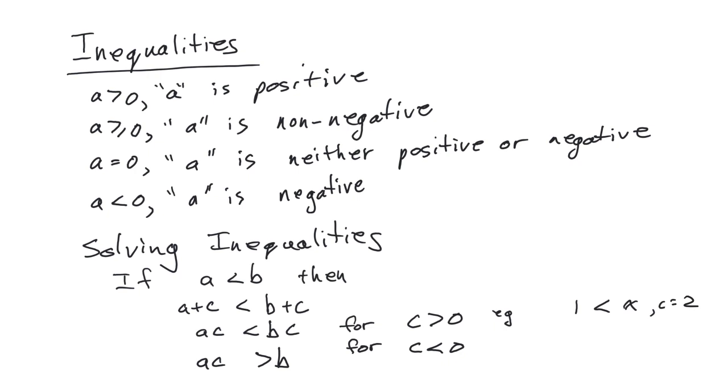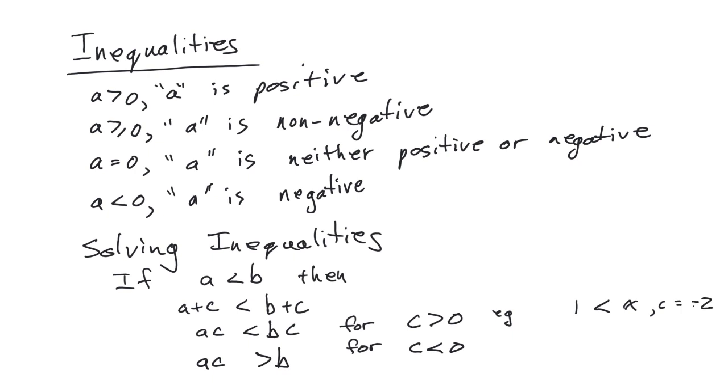That means that 2 is less than 2x. We don't flip the inequality. But if I had something like this, suppose 1 was less than x, and I was going to apply C to everything, but C was, say, equal to negative 2.